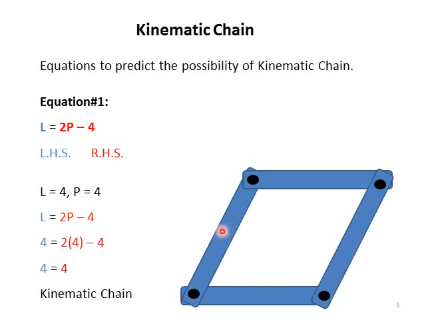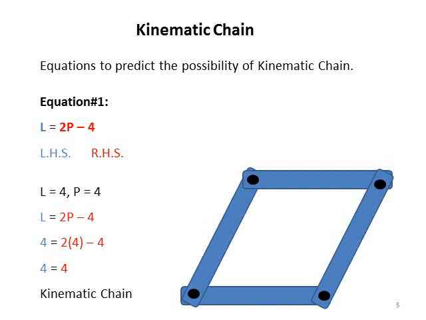I will repeat: if you put a force on this link and it moves in a clockwise direction, then this link will also move, and this link, and this link will also move. So there will be rotation. If there is rotation in this link, the other links will also rotate, and there will be only rotational motion. So there will be constrained motion. There will be no translatory motion, only rotational motion.